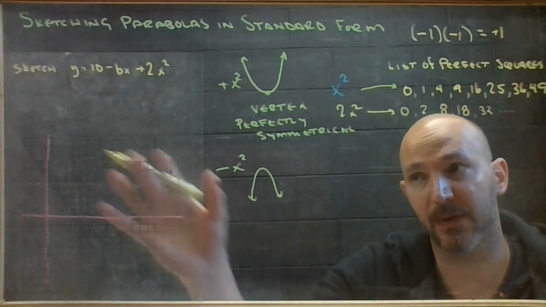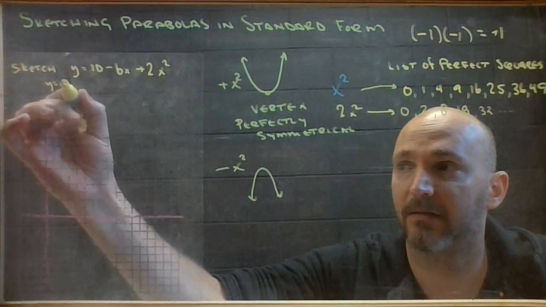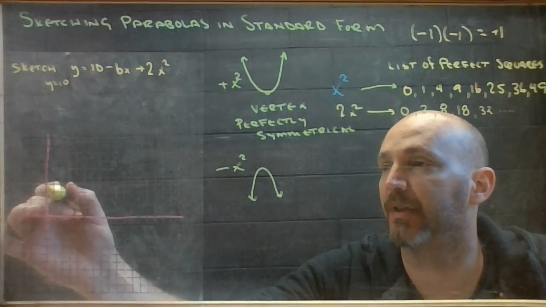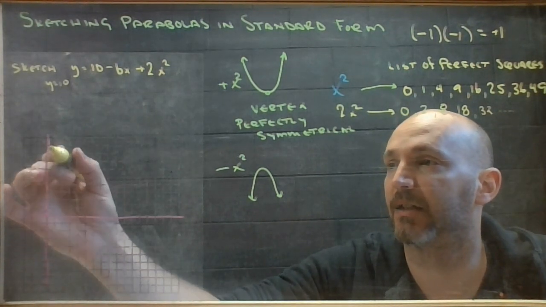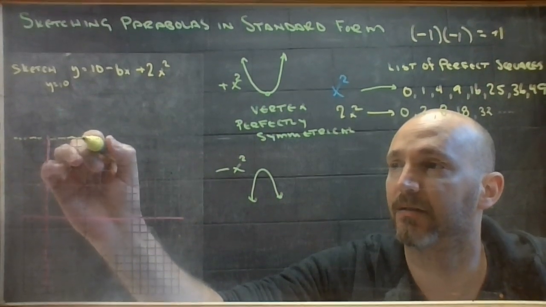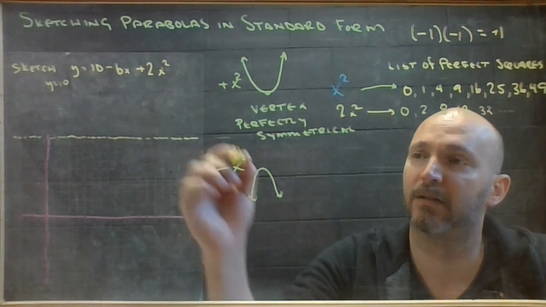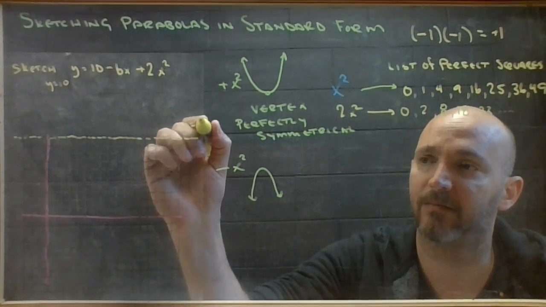Like all the other examples, I'm going to do the line first. So I start with y equals 10. 1, 2, 3, 4, 5, 6, 7, 8, 9, 10 is here. Dash that across. It's y equals 10.